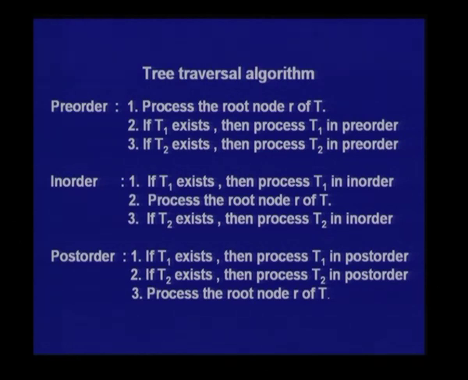T1 is the left subtree, and T2 is the right subtree. So, this is the tree you are having with node labels A, B, C, D, E, F, G, H.